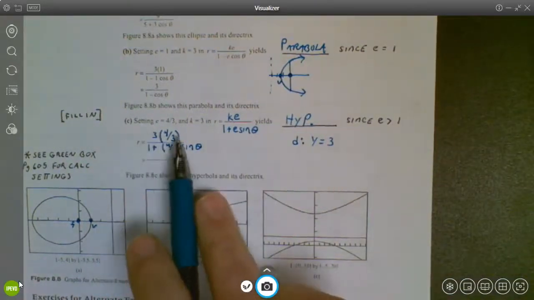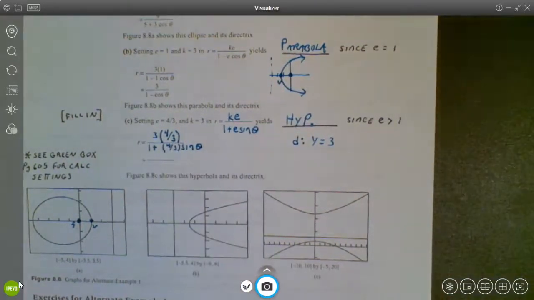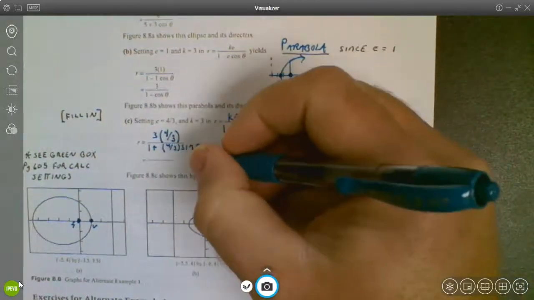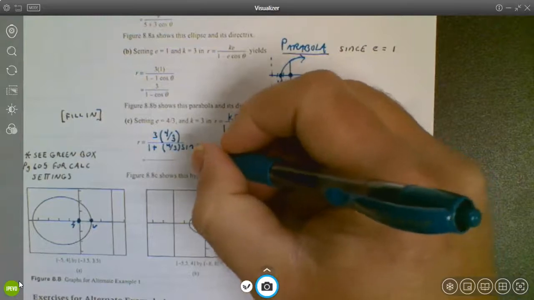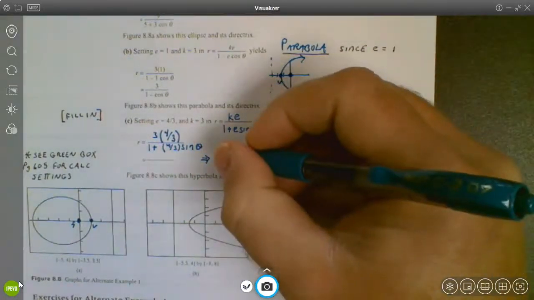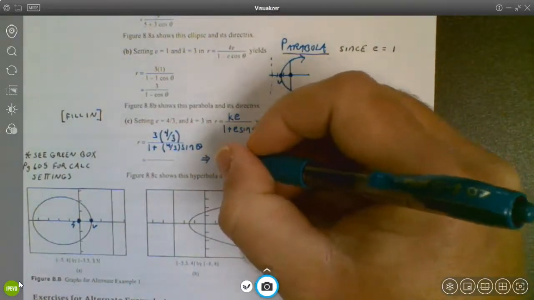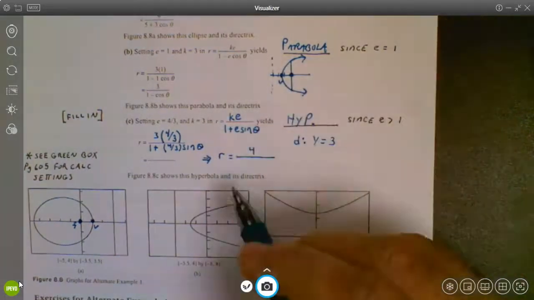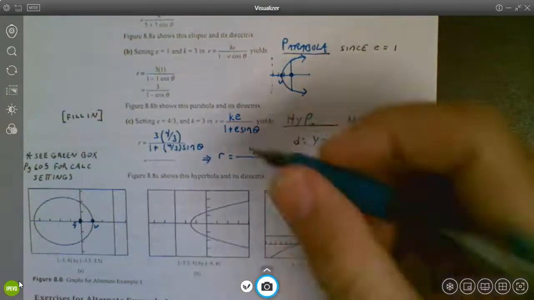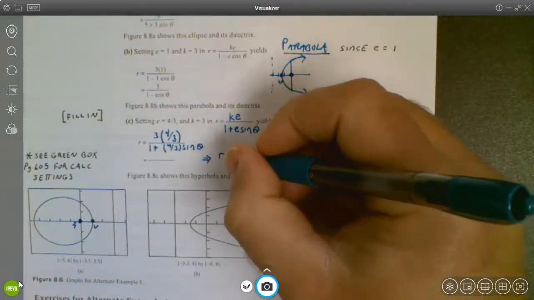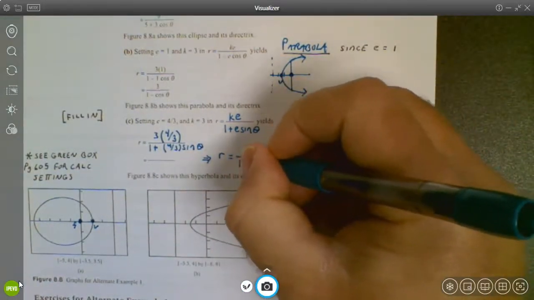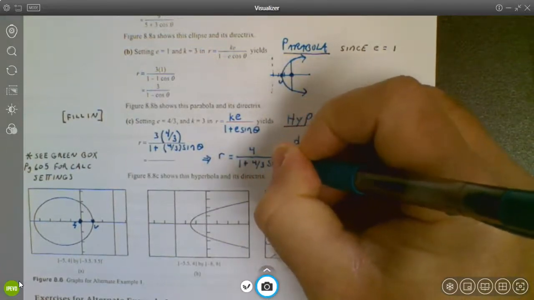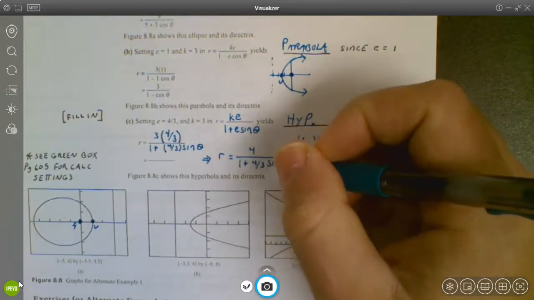So obviously on top I can clean that up to just be a 4. On this one, let me do it over here because I'm running low on room. So on top, I have my 4, and on bottom I'm looking at that 1 plus 4/3 sine theta. So it comes out looking like that.